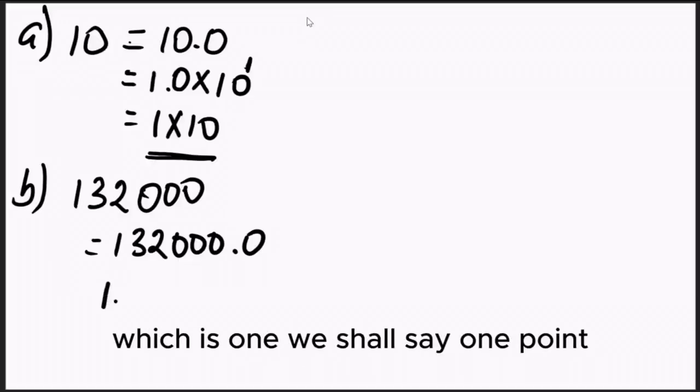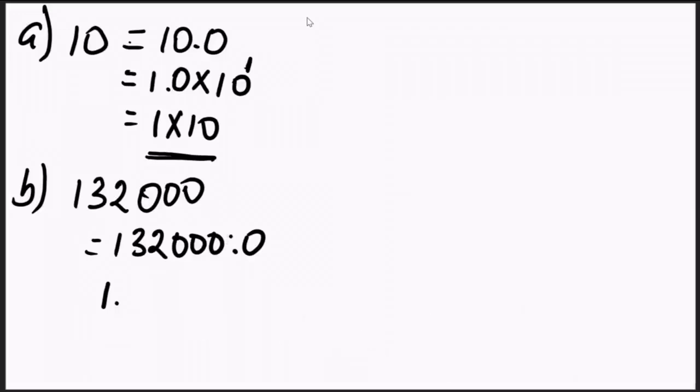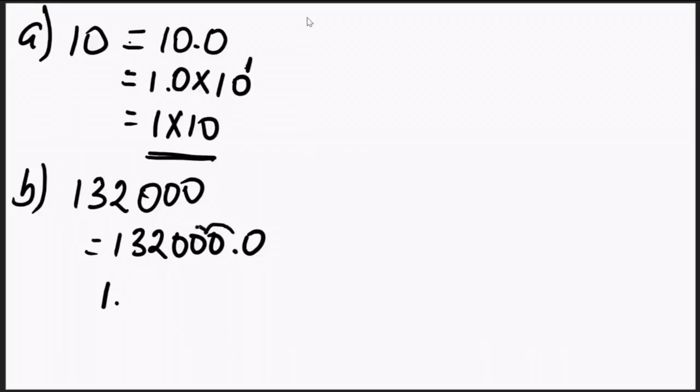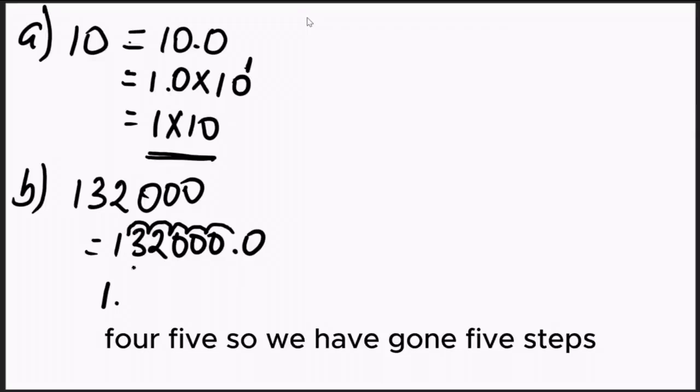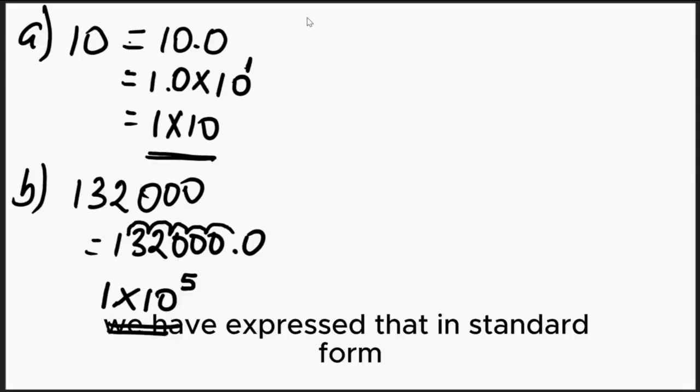We shall say 1 point. How many steps have we taken to bring the decimal point up to in front of 1? We shall have 1, 2, 3, 4, 5. So we have gone 5 steps. It means we shall say 1 times 10 to the power 5. We have expressed that in standard form.